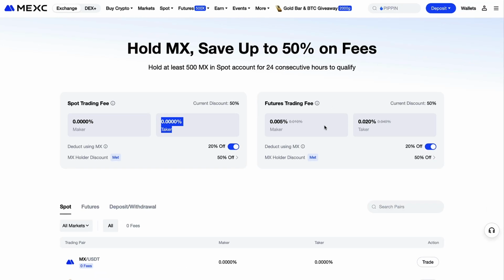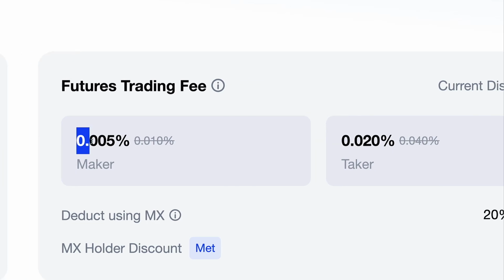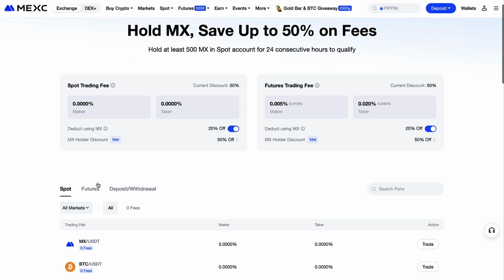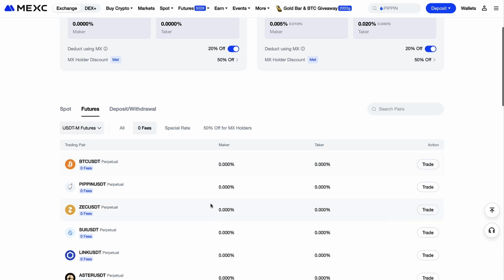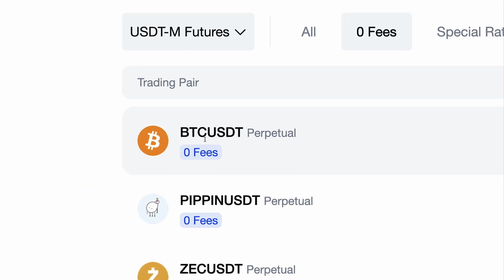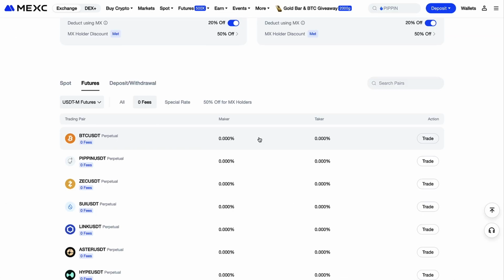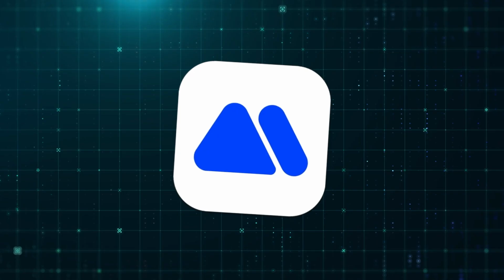And the futures trading fees are also the lowest in the industry, 0.005% maker and 0.02% taker. And if you go here for the futures, you also find many trading pairs with zero fees. For example, the most popular one, BTC USDT perpetual, zero maker, zero taker. So if you want to trade on the lowest fees on spot and futures, MEX is great.